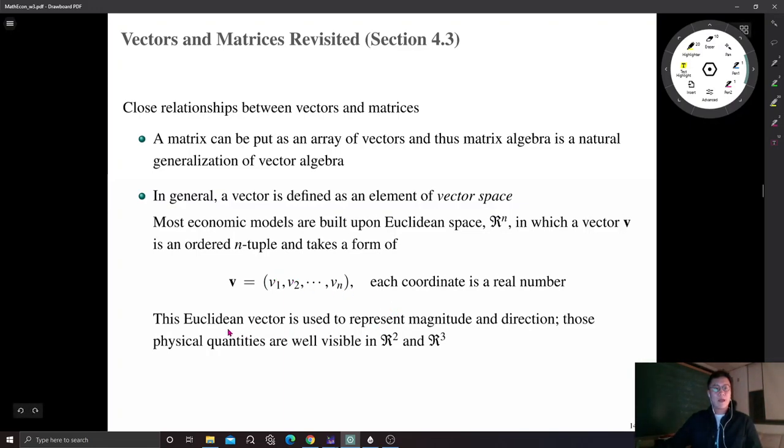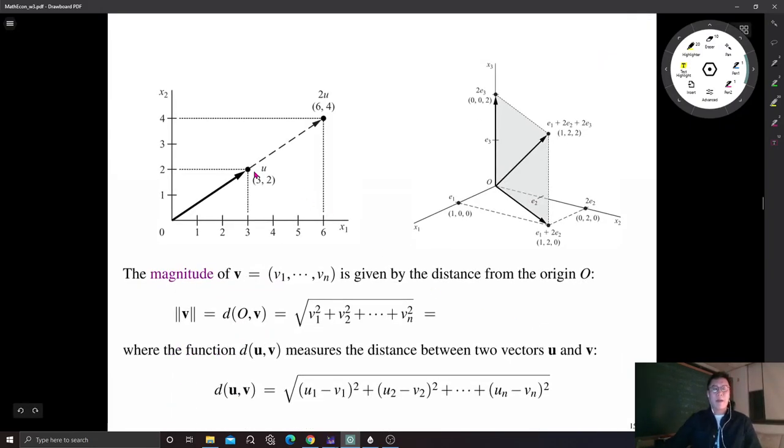This concept of vector is from physics or mathematical physics, and one vector is used to represent magnitude and direction. Those two components are well visible in two-dimensional or three-dimensional space. So let me show you one diagram. Here we have a two-dimensional space.